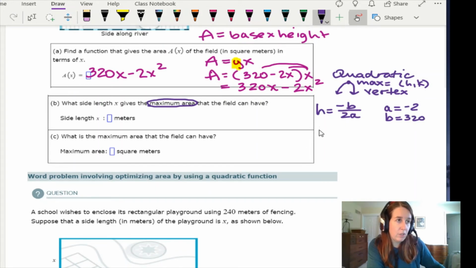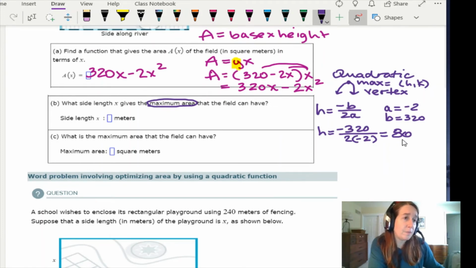Okay, so h is equal to negative 320 divided by 2 times negative 2. So notice it's a negative divided by a negative, so it's a positive, and it's 320 divided by 4. So I think that's 80, right? Yep. So we're getting 80, and that is our answer for the x coordinate.